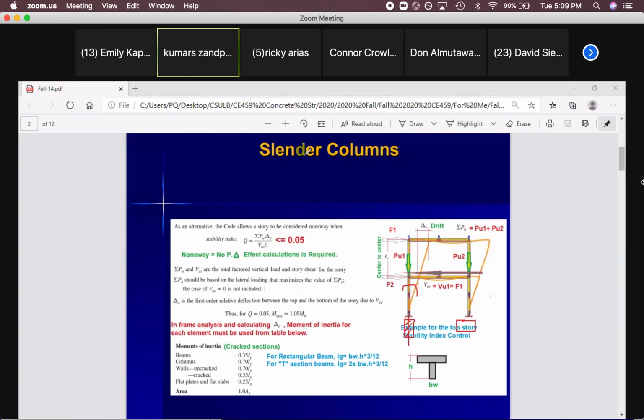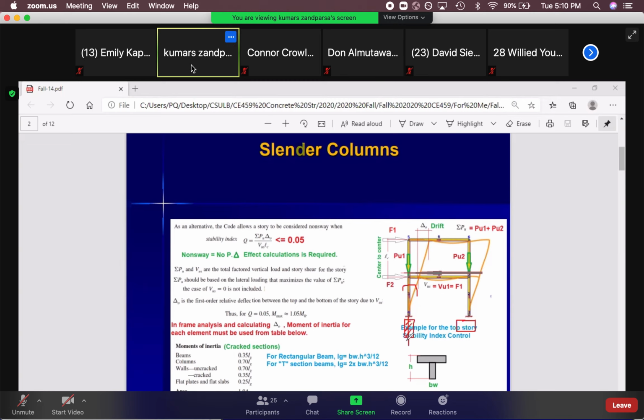Yeah, so that's very important to know about the axis, and based on that, you can calculate IG, which is B H cubed divided by 12.